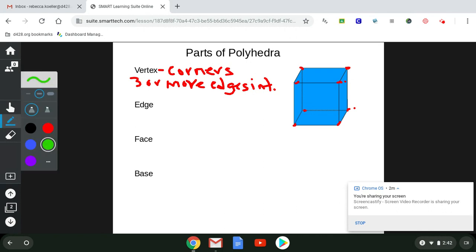Next thing I want to go over is the edges. An edge is a segment created by two faces intersecting.